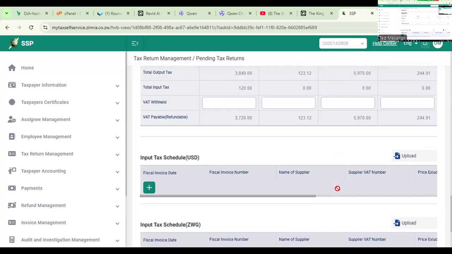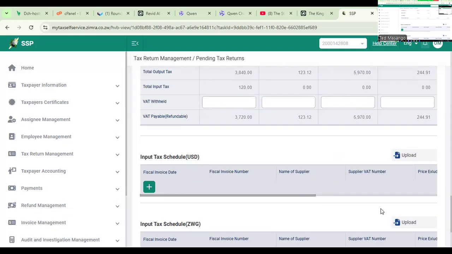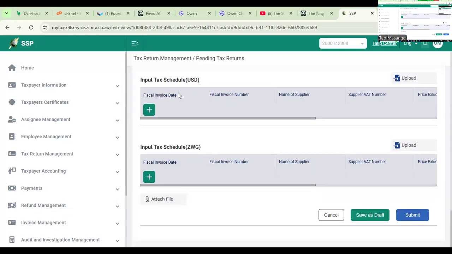Once you do that, the system will do a computation, then you submit that. You can attach this input tax schedule. The same goes for the USD and for the ZWG. You must have calculated this. Then you attach them, then you submit.